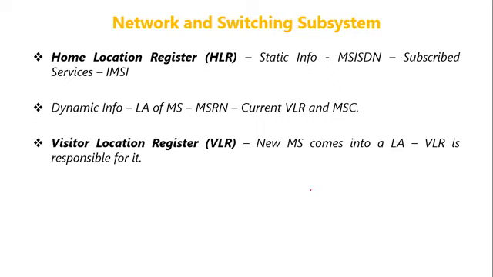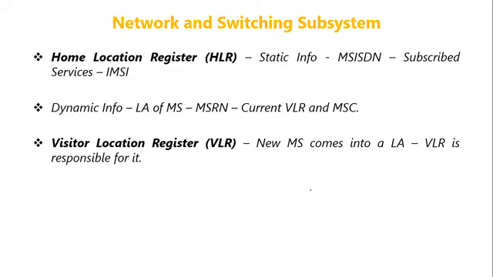This hierarchy of VLR and HLR avoids frequent HLR updates. It ensures that the HLR need not be updated always. Whenever the mobile travels, the VLR will be updated from the HLR, avoiding long distance signaling of user information.